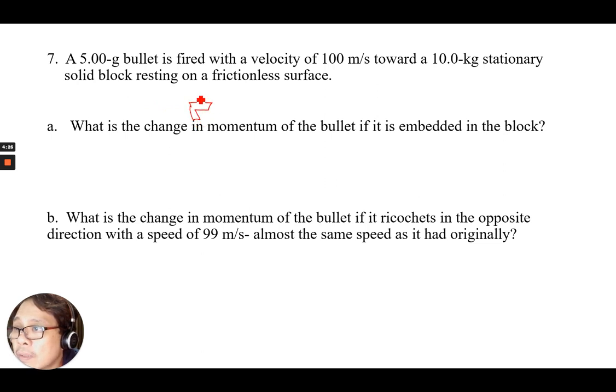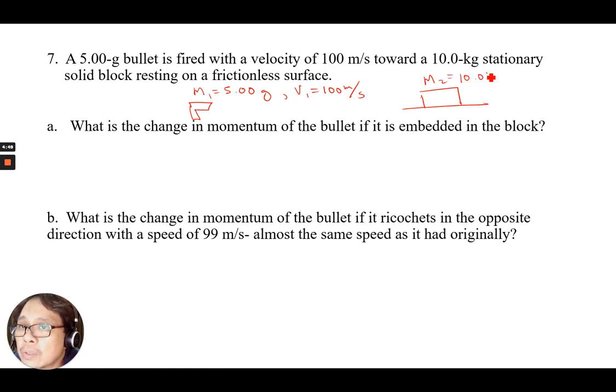You have the mass of the bullet, M1, is 5.00 grams. The velocity of the bullet, V1, is 100 meters per second. The stationary block is at rest, M2, 10.0 kilogram, but V2 is equal to 0.